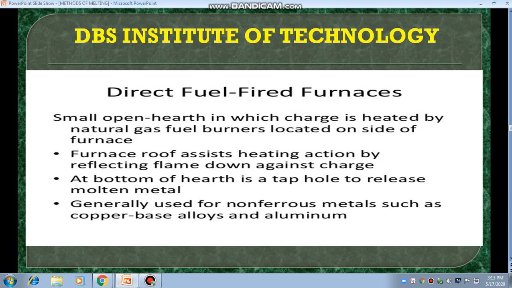At the bottom of the hearth is a tap hole to release molten metal. It is generally used for non-ferrous metals such as copper base alloys and aluminium.